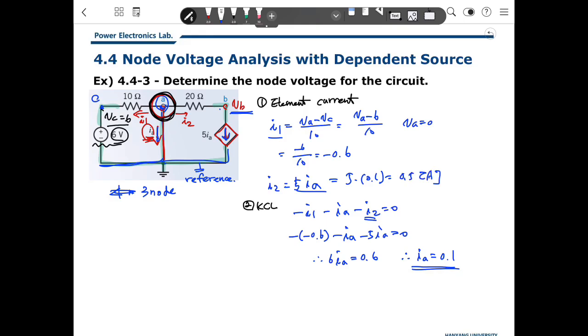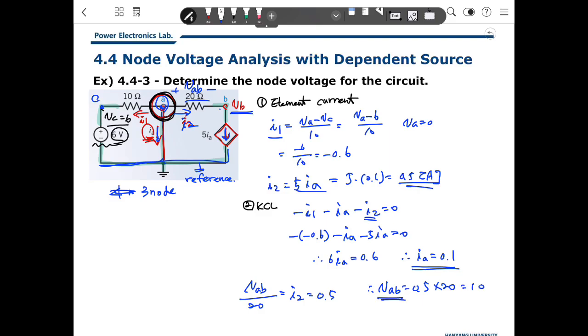So we define I2 in this way. That voltage difference VAB divided by 20 will be I2. I2 is 0.5. Therefore, VAB will be 0.5 multiplied by 20, which is 10.